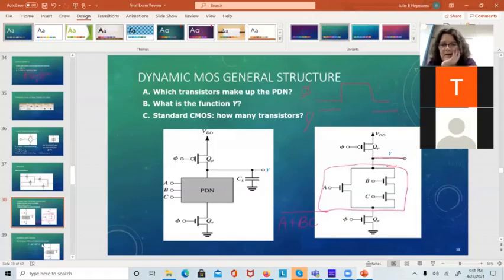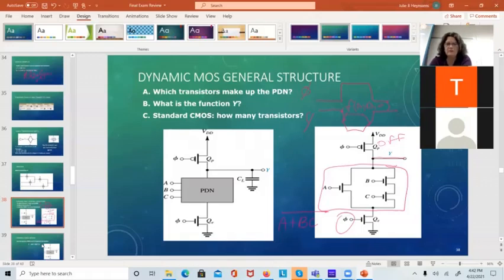Now, when phi is high, this transistor goes off. This transistor down here turns on, and whatever this right here is going to be determined by the value of A, B, and C. This will be a function of A, B, and C. So you have to figure out what the logic function is at that time to figure out whether it's on or off.